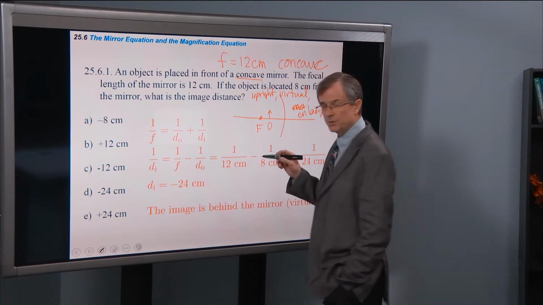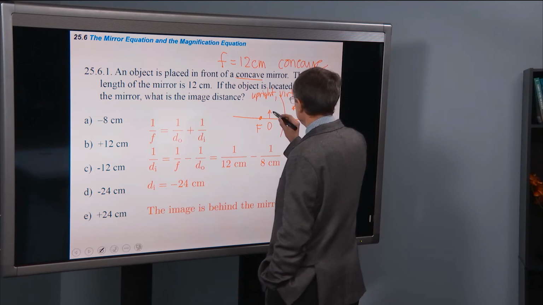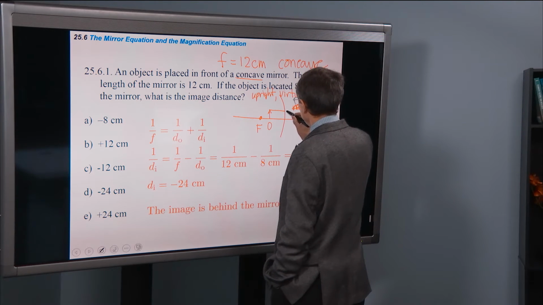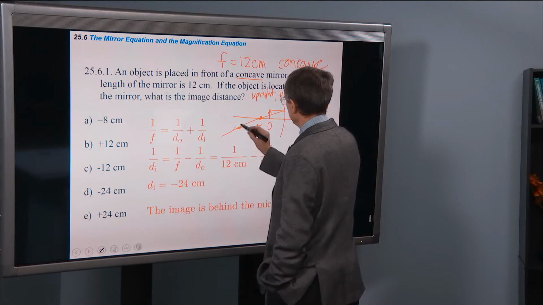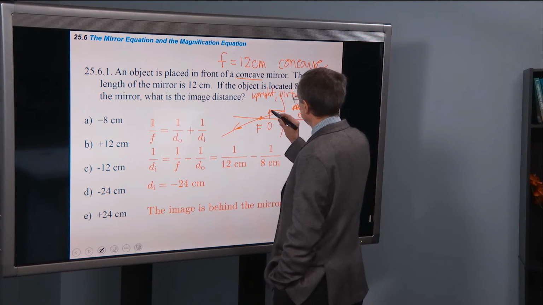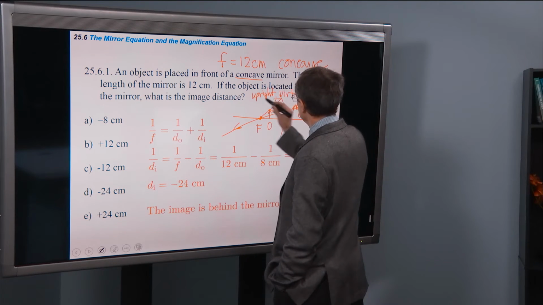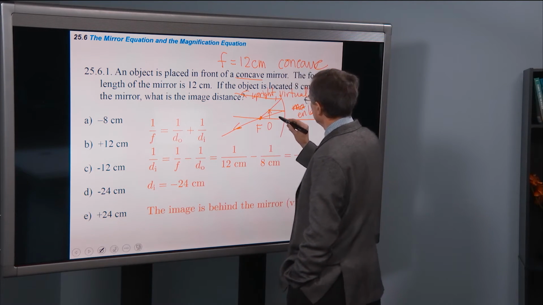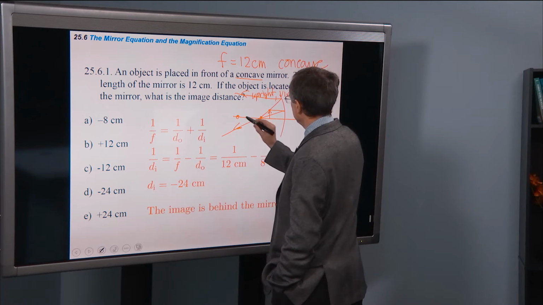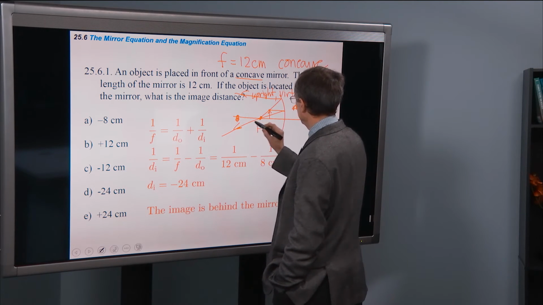Let's actually do the quick ray diagram to make sure. So there's one ray. Here's another one. There's the center of curvature. It's not very accurate.